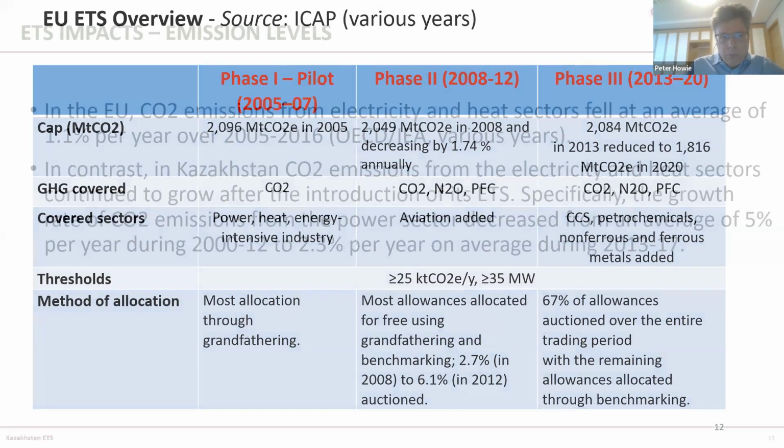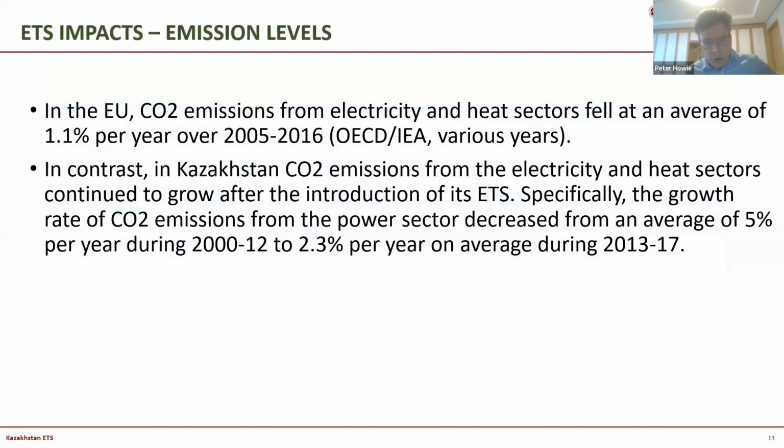So let's just look at the general impacts of the ETS. First of all, just look at emissions levels of CO2. In the EU, CO2 emissions from electricity and heat sectors fell on an average of 1.1% per year over the 2005 to 2016 period.